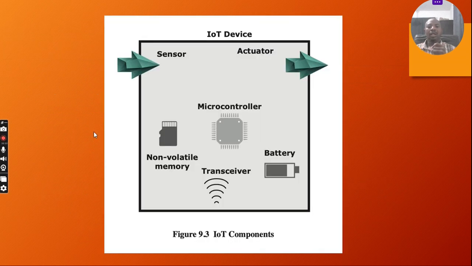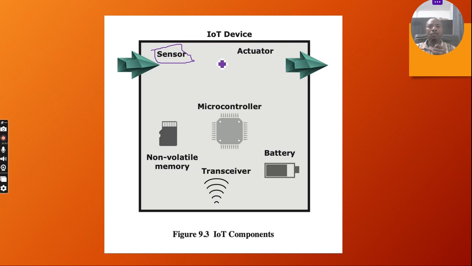Here are the Internet of Things components, the things that are found in every device that qualifies as Internet of Things. Number one, in them you find sensors. They can sense whatever is around the environment. They have actuators. Remember, sensors convert physical parameters like pressure, temperature, light intensity, any physical parameters, into electrical signals, while actuators reconvert these electrical signals into physical parameters.